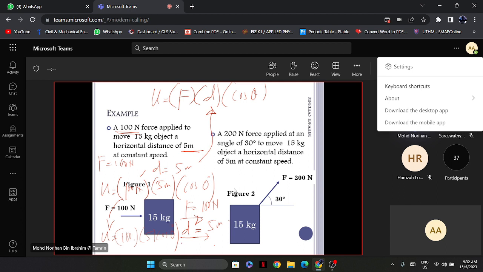And therefore, U is equal to 500 Newton meter. Sorry. U is equal to 100 times 5 times cos theta, which is theta is equal to 0 degree. Then you've got the answer for this. U is equal to 500 Newton meter. Okay, that is the first one. Let's continue to the next.